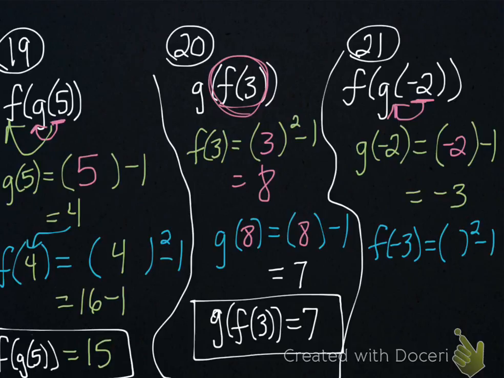So I have the negative 3 squared minus 1. What's negative 3 squared? That's right, it's 9. So 9 minus 1. That's going to be 8. So the f of the g of negative 2 equals 8.